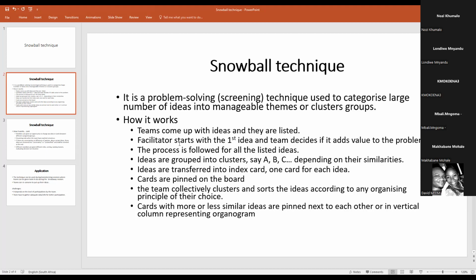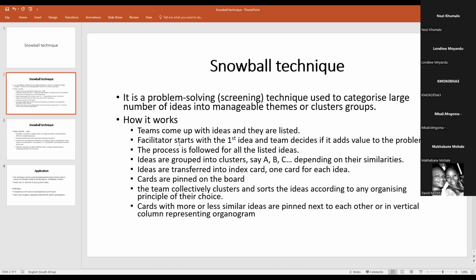So I've tried to summarize it from the notes and from other materials on how this technique works. First of all, it's applicable when we have a bigger group where we can have a lot of ideas from different people and try to merge them into one theme or different clusters.